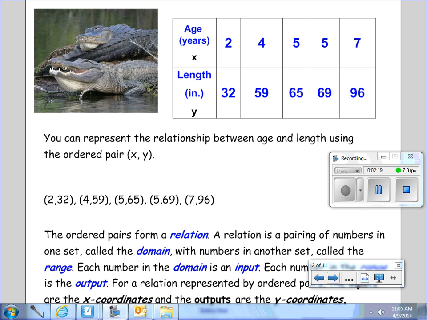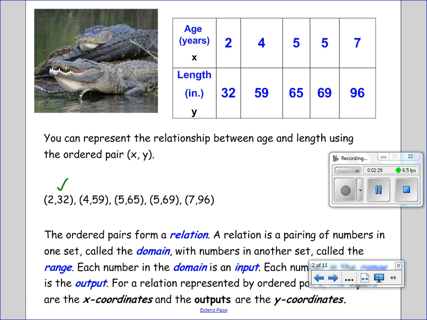In this example, for 2 years, they are 32 inches. So here's your first ordered pair. When they're 4 years old, 59 inches.